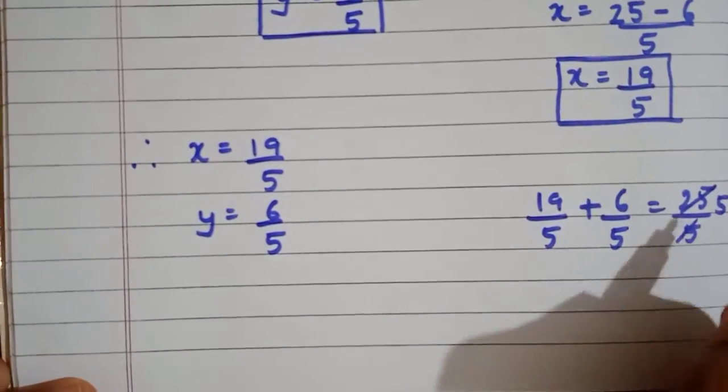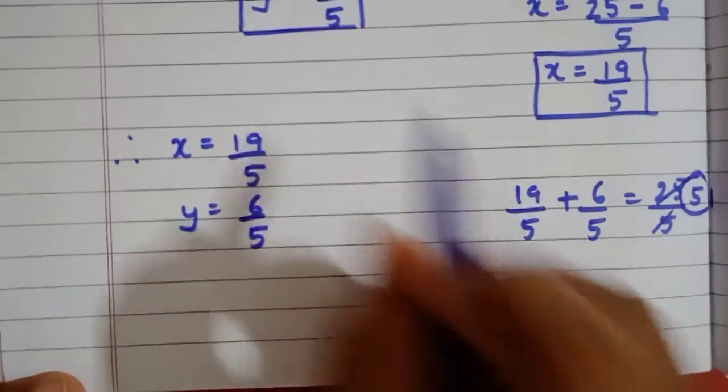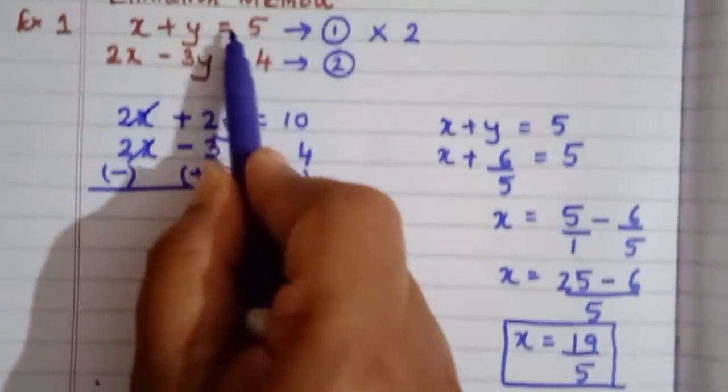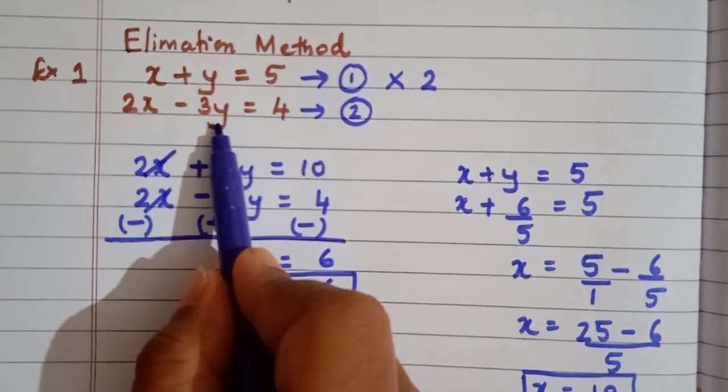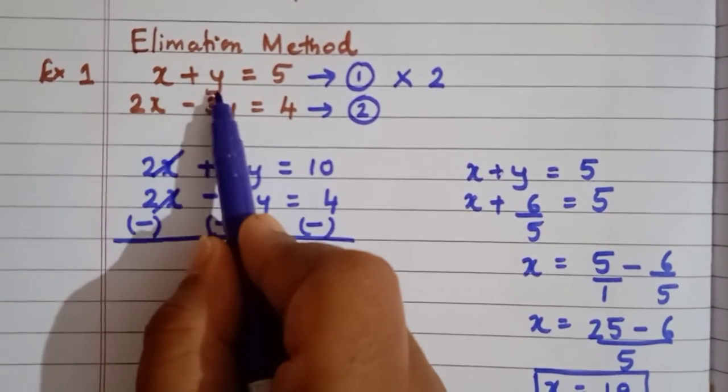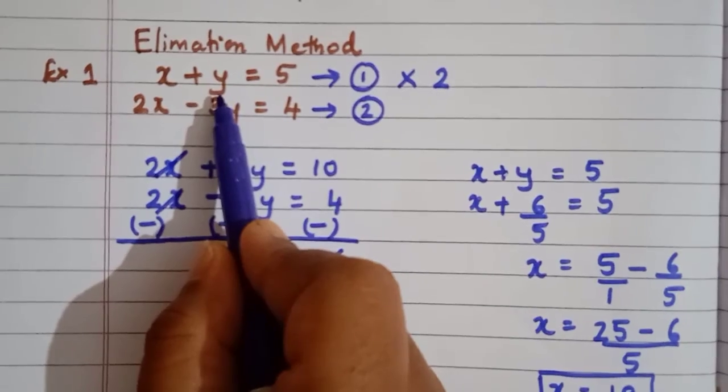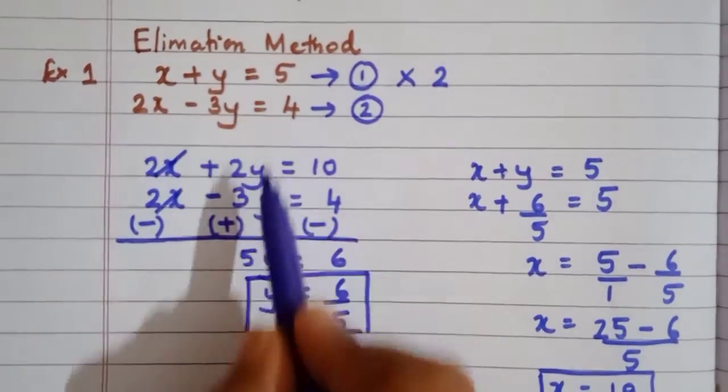So you can see this is satisfied in the first equation, x plus y is equal to 5. The same way you can verify for the other one also. But if you verify in any one of the equation, you will be able to understand.